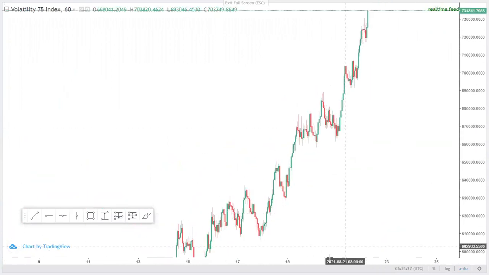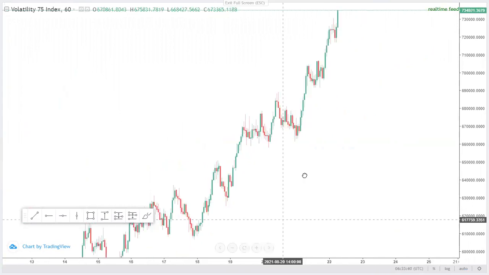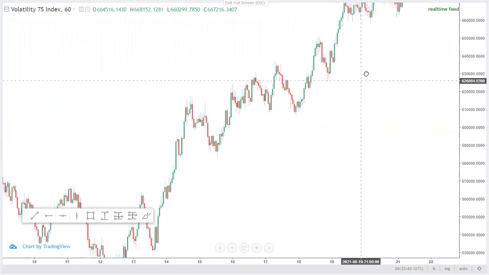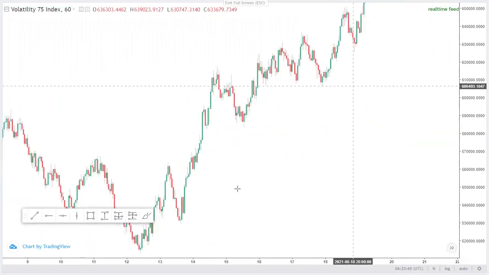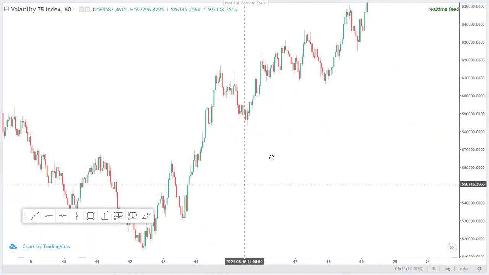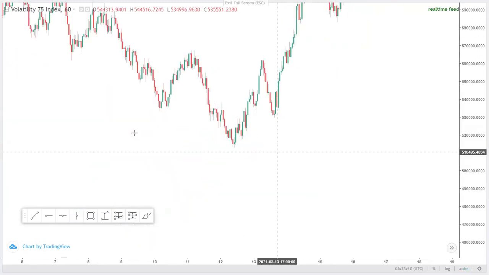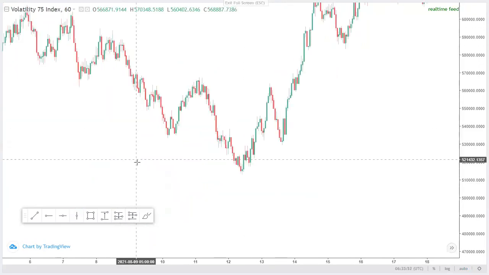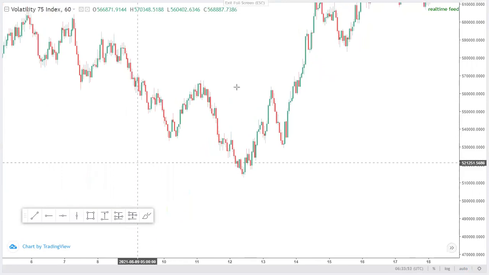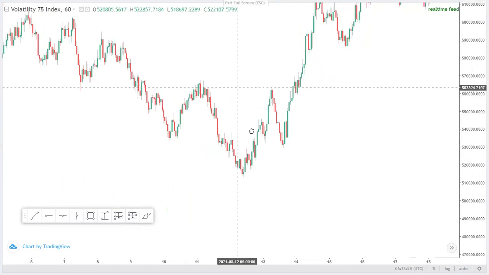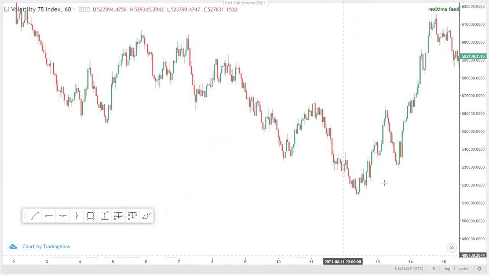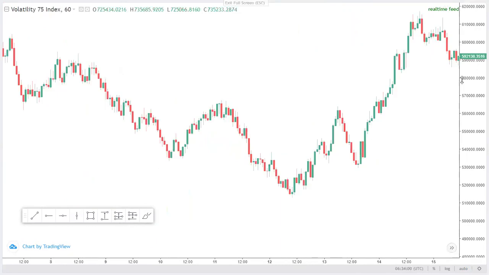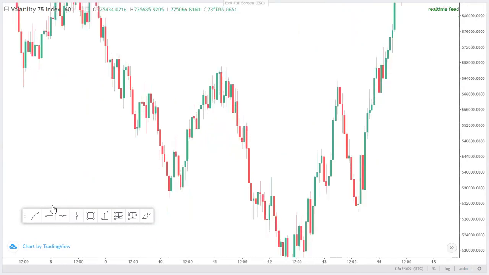Okay. Let's try to look at this structure right here.